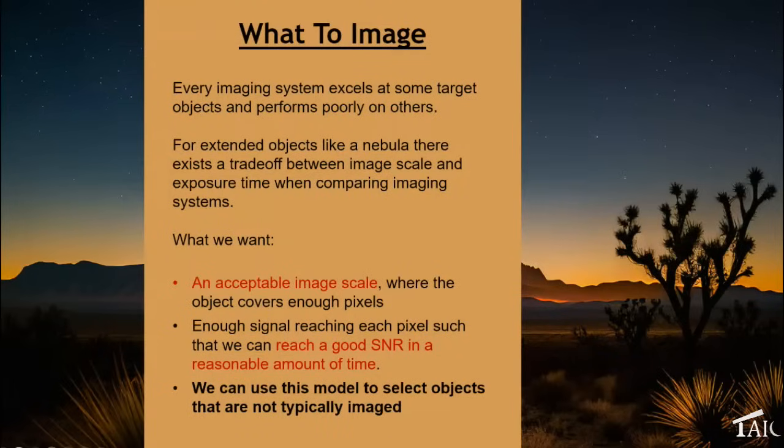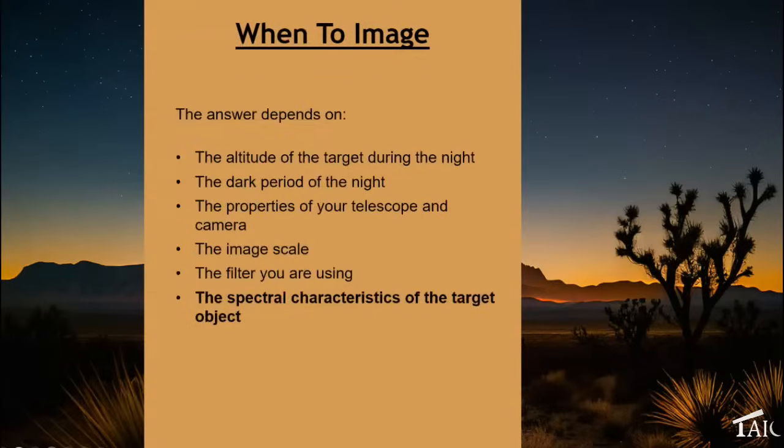If it's only covering 3 or 4 pixels, it's very tiny on your image and all that light is going into those 4 pixels. If you spread it so it's covering 4,000 pixels, each pixel is getting a tiny piece of the light. You want a good image scale so you can see all that detail, but not spread out so much, depending on your imaging system, that you can't get a reasonable signal-to-noise ratio in any of those pixels. So we can use this model to find those objects near the sweet spot. That's the first thing it does that's useful.